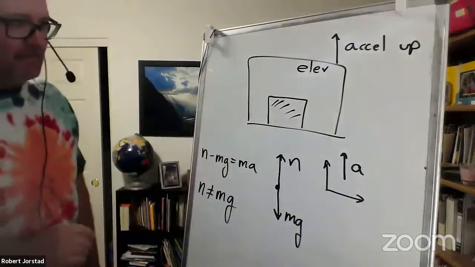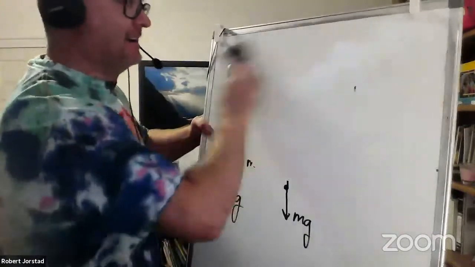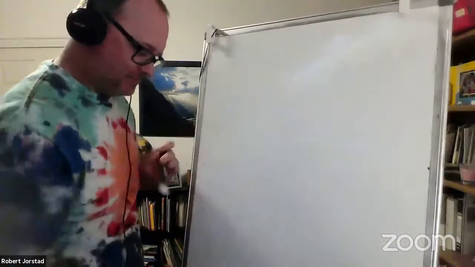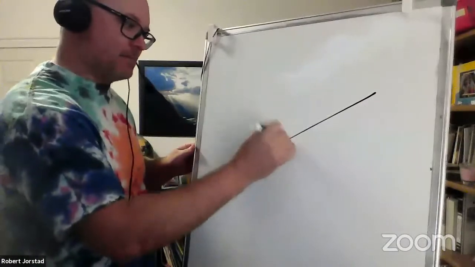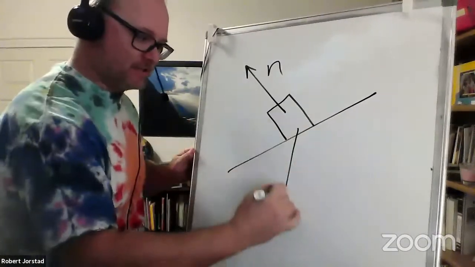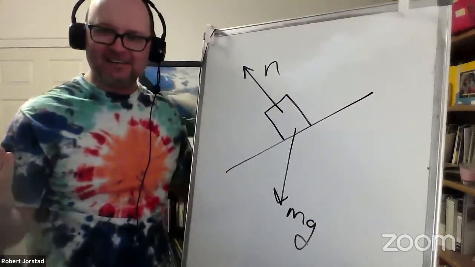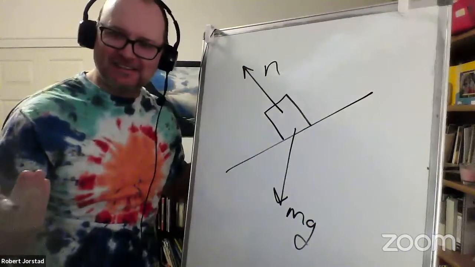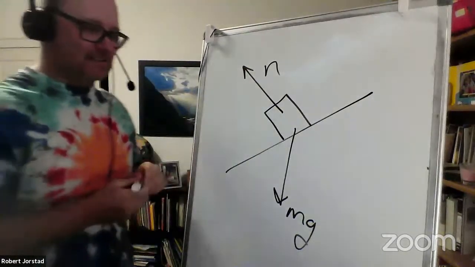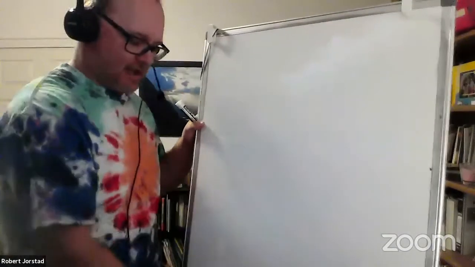But yeah, evidently that's not obvious enough. So what about another case? How about this? What if you've got a block on a ramp? The normal force points this way, mg points this way, they cannot be action reaction pairs. They're not pointing in opposite directions. I don't know how else to say it.